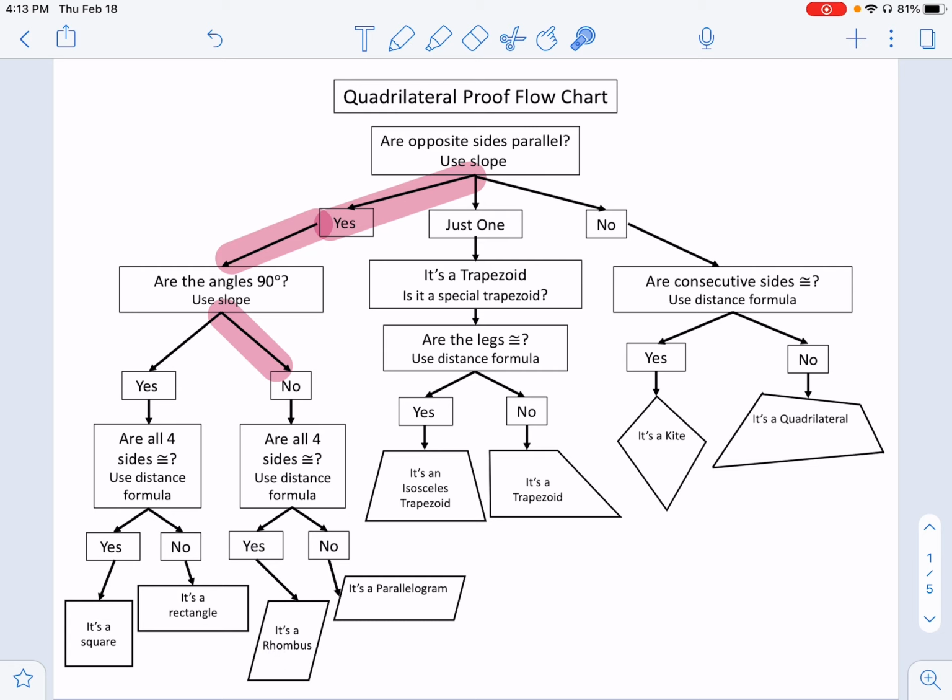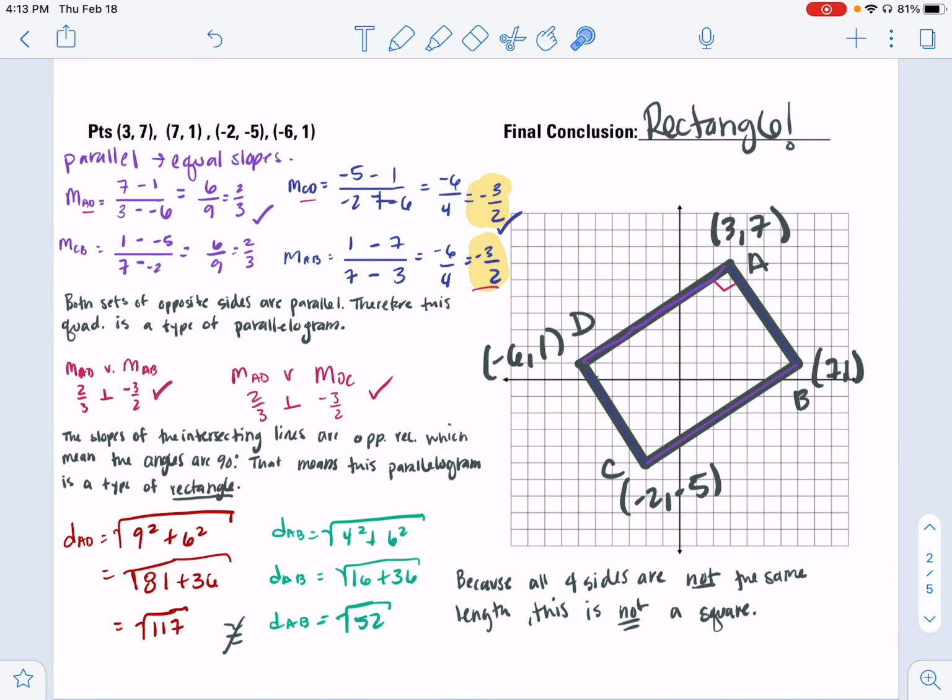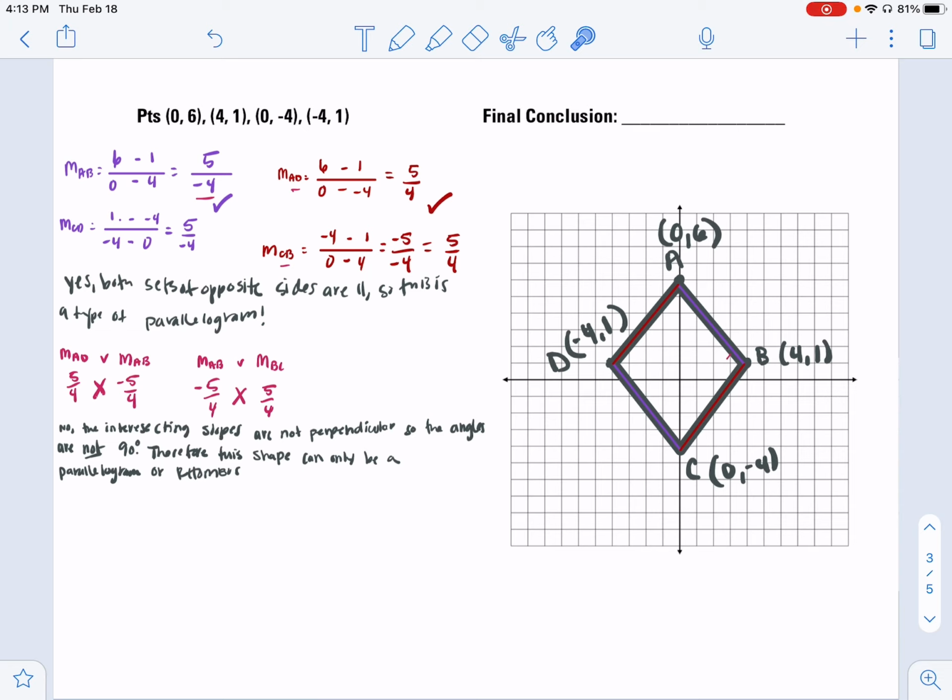The last thing then that we need to decide is, are all four sides congruent? Once again, because it's a parallelogram, we already know that AD and CB are the same length. We already know that AB and CD are the same length. So we actually only need to determine, are our red and purple lines the same length? So in order to do that, I'm going to find the distance of AD and the distance of AB.